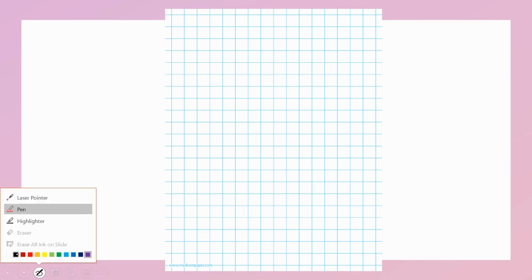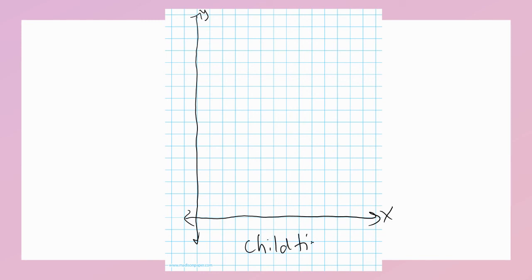I'm going to again make my graph. And we said that x-axis was child ticket cost, and the y-axis was adult ticket cost. Let's see.